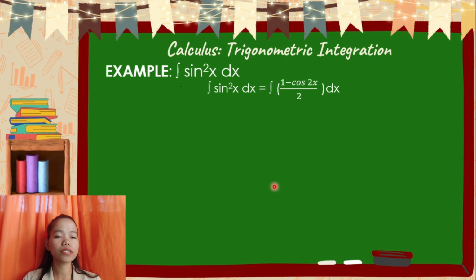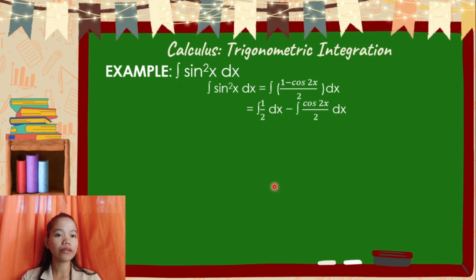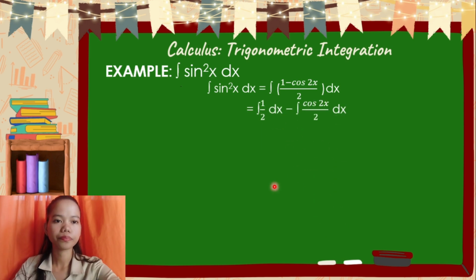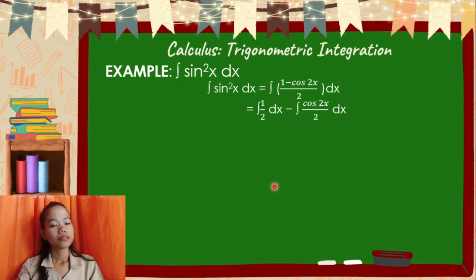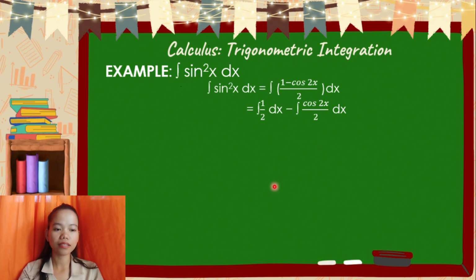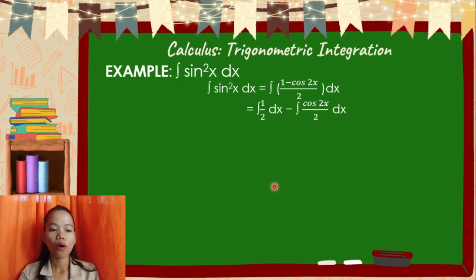Right after that, we distribute the integration, in which it will be written in the form of the integral of 1/2 dx minus the integral of cos 2x over 2 dx.